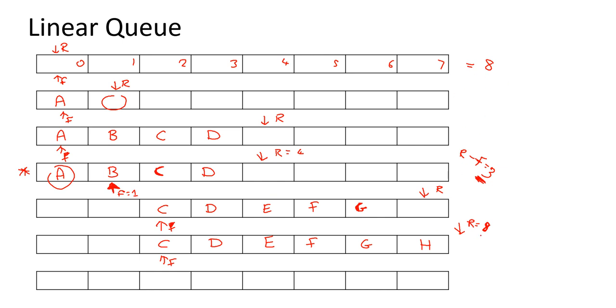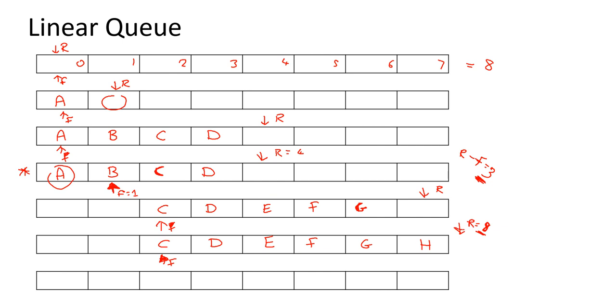because the pointer for the rear is the same as the size of the array, well, it's going to be full, this linear queue. Implementing it in this way with just using an array, it's going to be full.